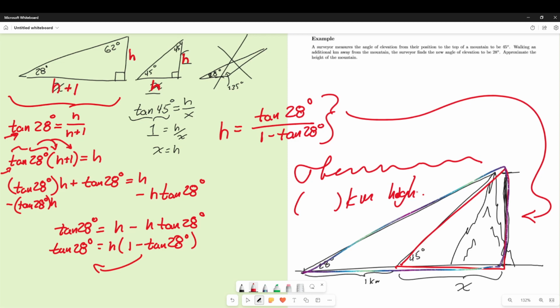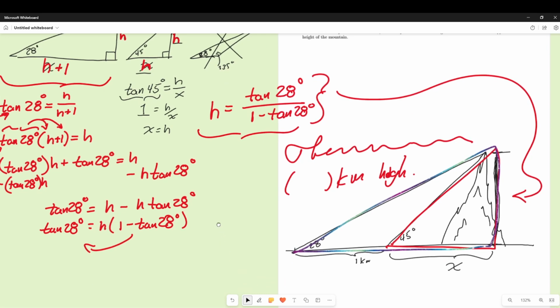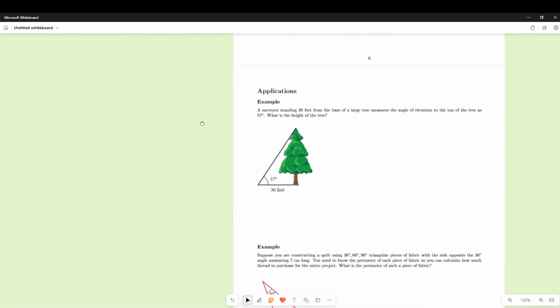But I'm going to try to convince you as the course goes on that working in this exact way is handy. We'll see how that goes. See if I can convince you.